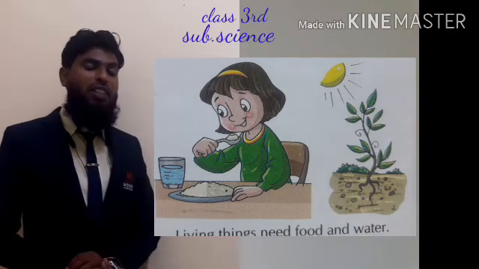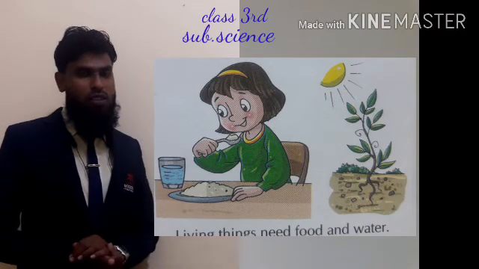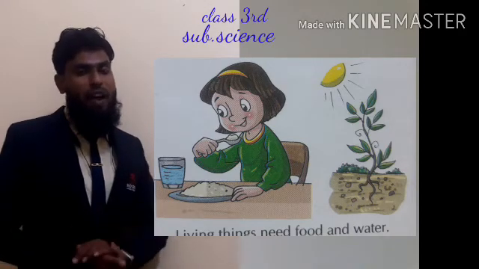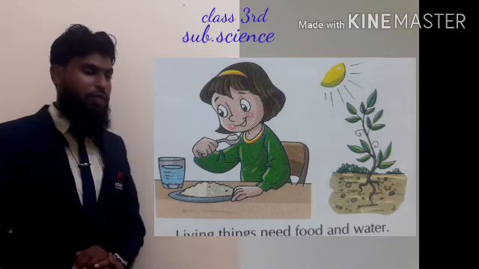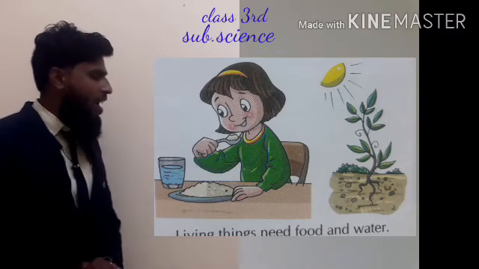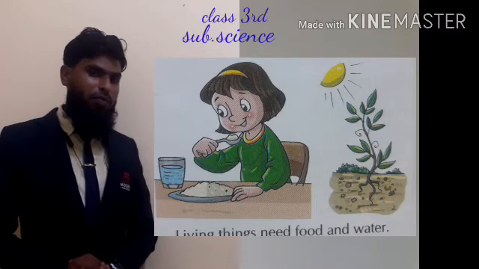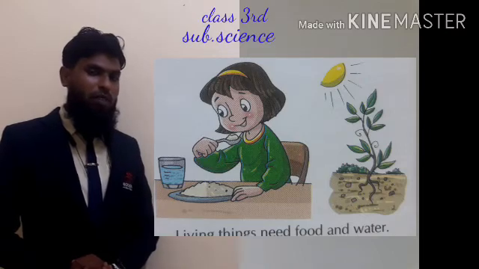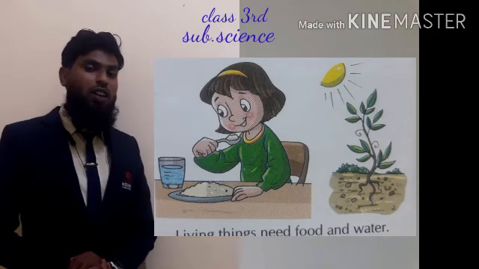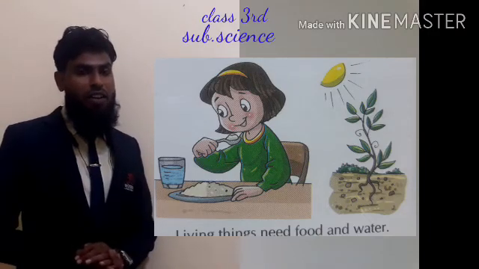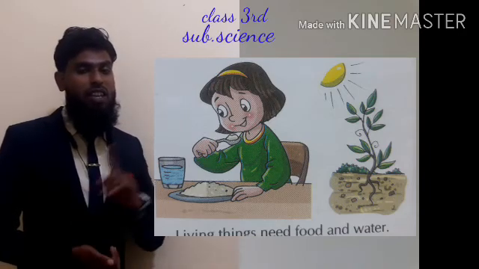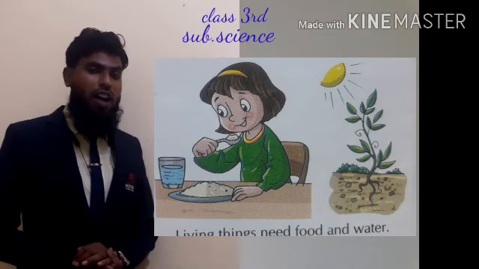And animals and humans are dependent on plants and animals to live. Animals get their food from plants and other animals. Do you know that non-living things do not need food and water? Only living things need food and water.